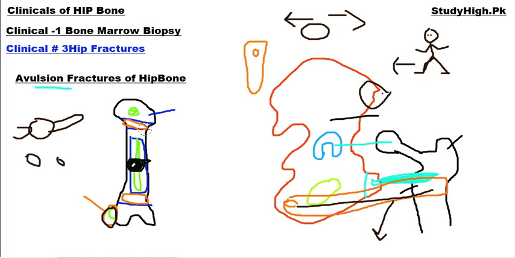What is the metaphysis? The part of the bone that contains the epiphyseal plate, which is involved in growth in children. This part that contains the epiphyseal plate is called the metaphysis.